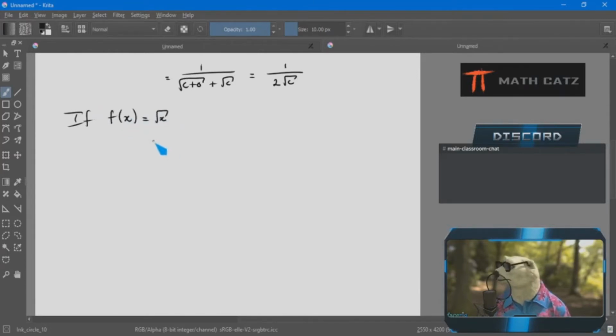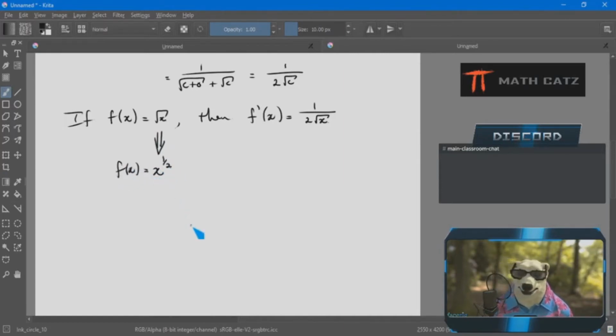The point here is, if my function is the square root function, then the derivative function, whether I use a c, whether I use an x, doesn't matter, it's just a temporary placeholder, is 1 over 2 root x. But notice that the square root of x is x to the 1/2.